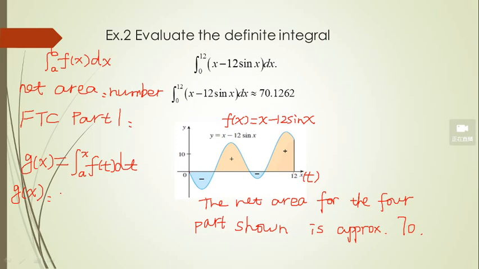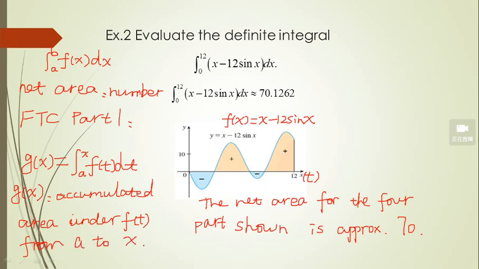Then what is the g(x) we define in FTC part 1? The g(x) is called the accumulated area under f(t) from a to x. And as x is shifting, this g(x) is changing. For example, I can take my x here.